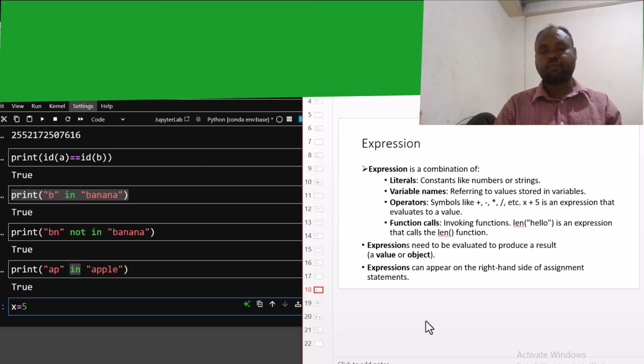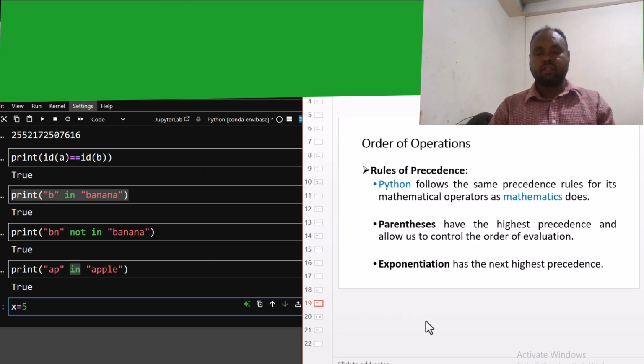So the important thing we proceed to understand here is the order of operations. In an expression there are a number of operators and a number of operands, as values, variables, or function calls. So how do they operate? Which comes first, which comes later?